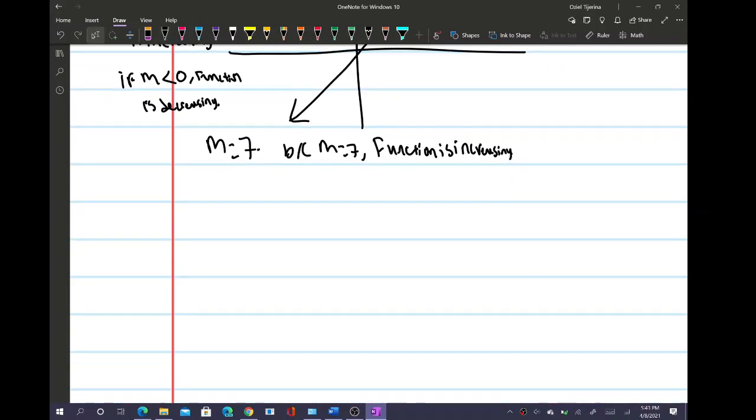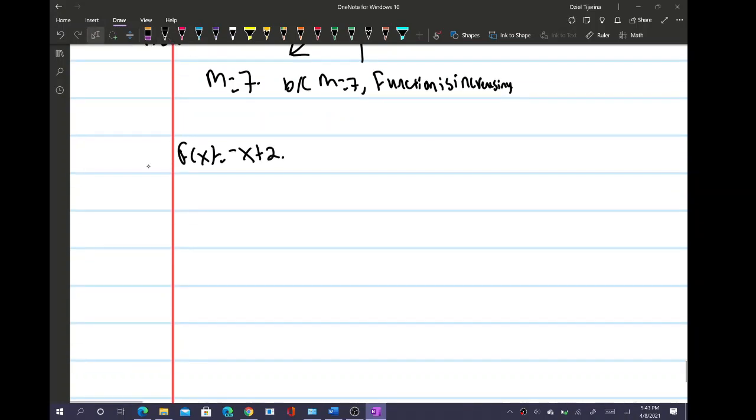Now, if we look at this one, f of x equals negative x plus 2, our slope is equal to negative 1, right? Because m equals negative 1, the function is decreasing.